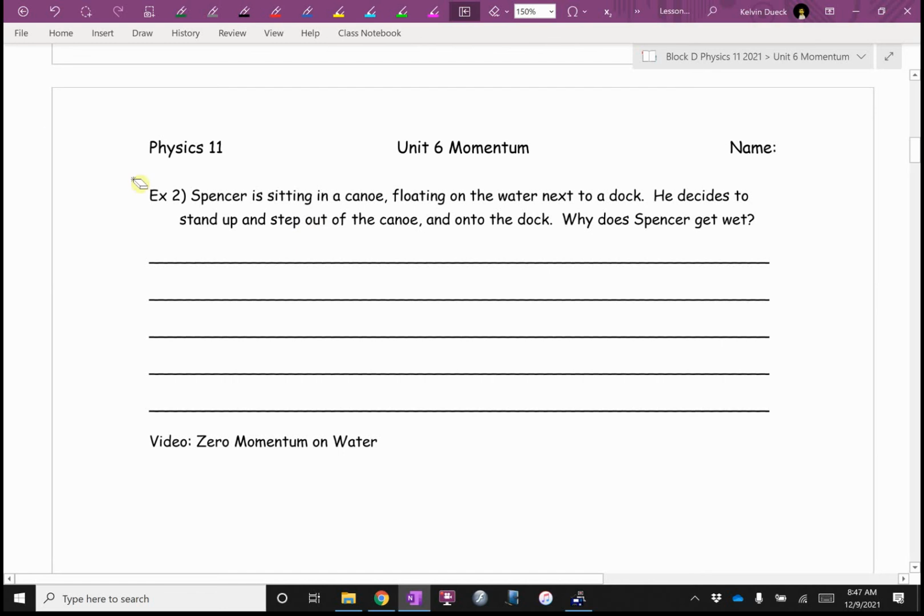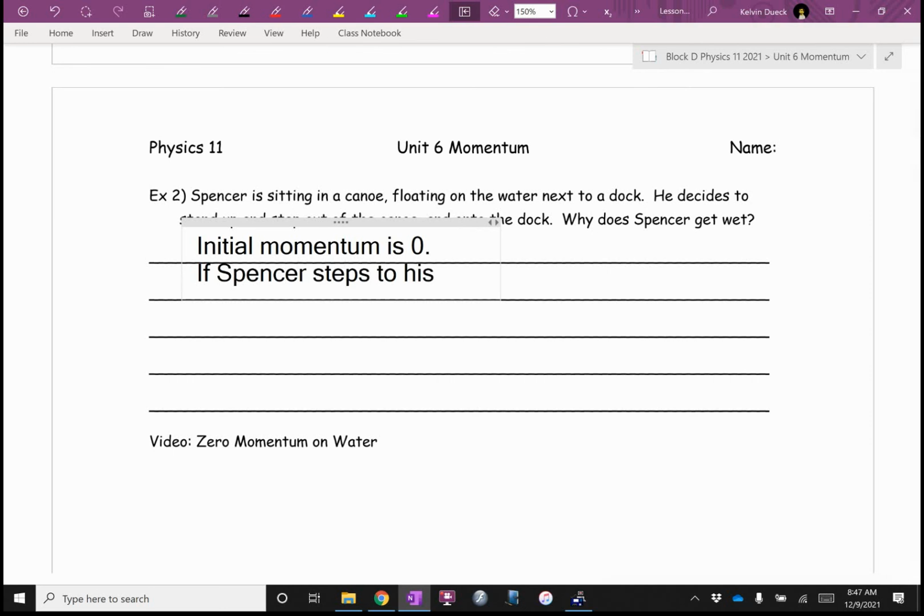So how are we going to write this? Initial momentum is 0. If Spencer steps to his left, the canoe must move which way?